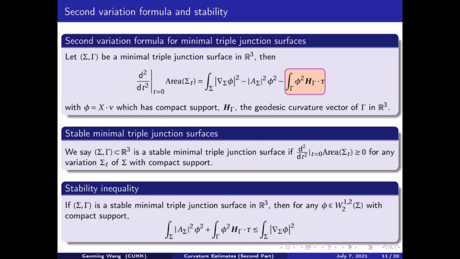Hence, we say sigma gamma is a stable minimal triple junction surface if the second derivative of area is not less than 0 for any suitable variation. As before, we can get the stability inequality. Note that since C2K functions are dense in W212 sigma, we can actually choose phi in W212. For this phi, we still have the stability inequality listed here.